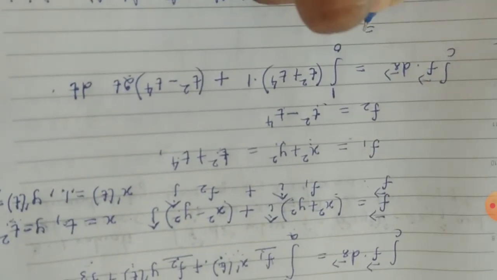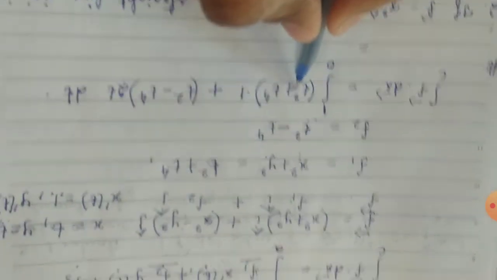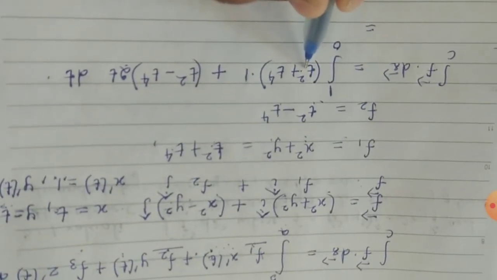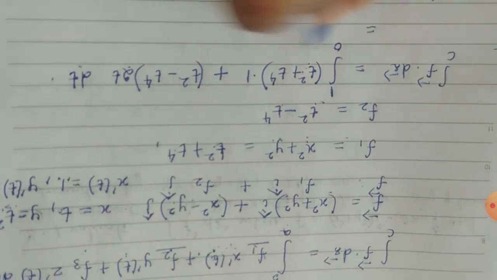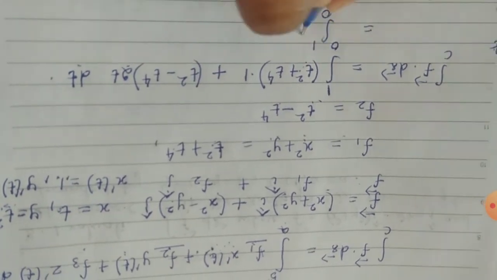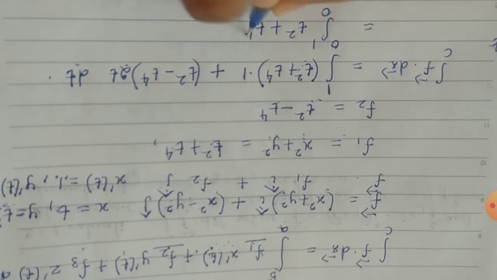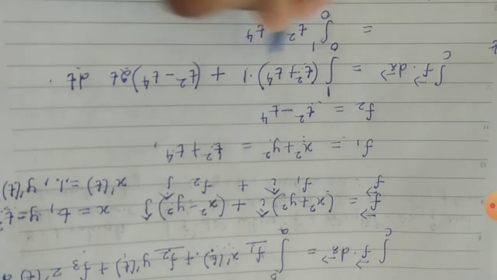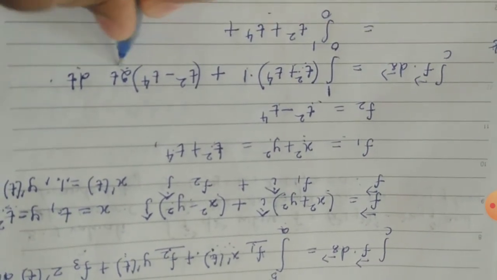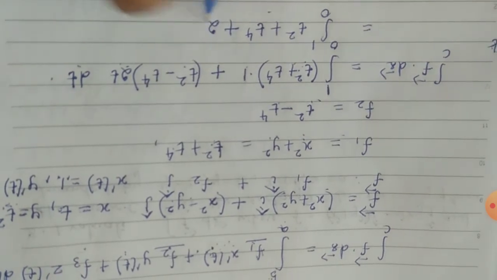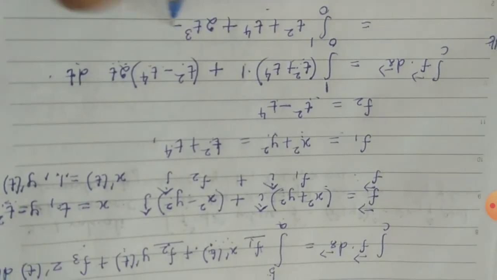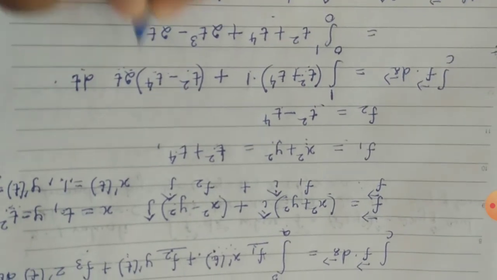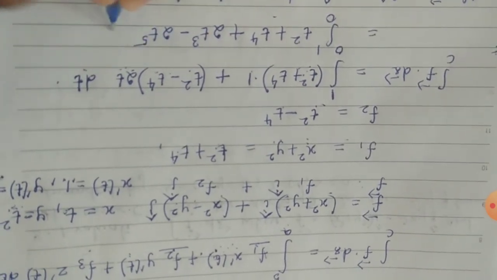Now we have to integrate and give the answer. First we simplify this and then we will integrate. So t squared plus t power 4, plus 2t into t squared is 2t cube, and minus t power 4 into 2t is minus 2t power 5, into dt.